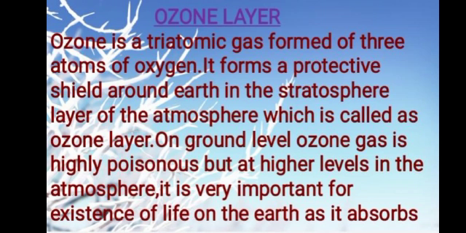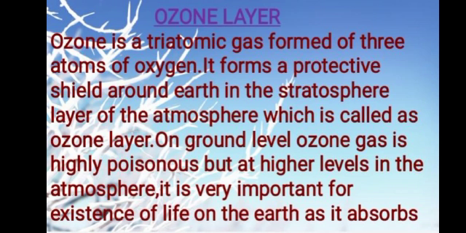Another very important topic here is the ozone layer. Ozone is a triatomic gas formed of 3 atoms of oxygen. It forms a protective shield around Earth in the stratosphere layer of the atmosphere, and this layer is called the ozone layer.